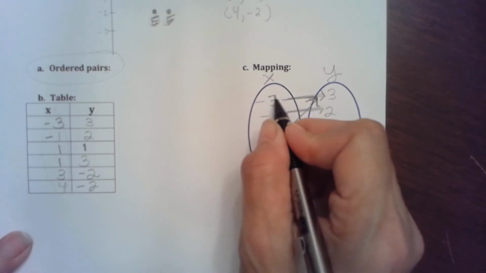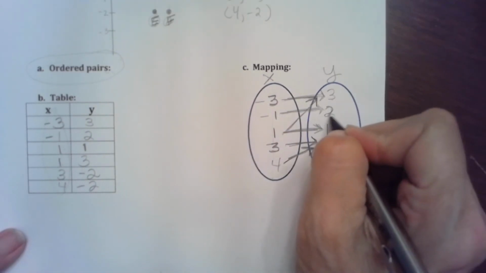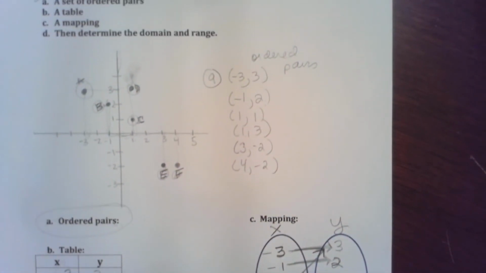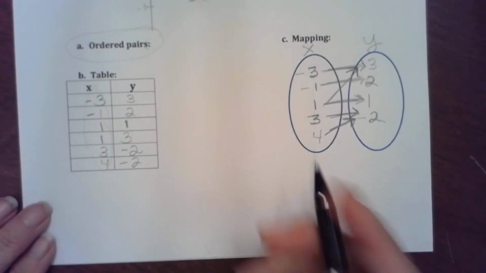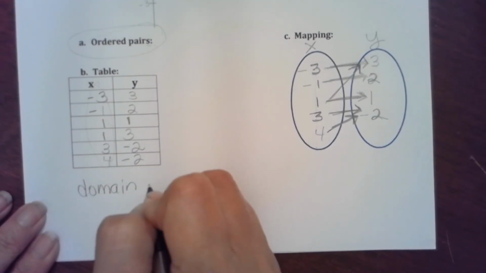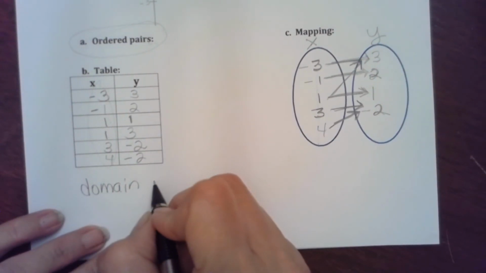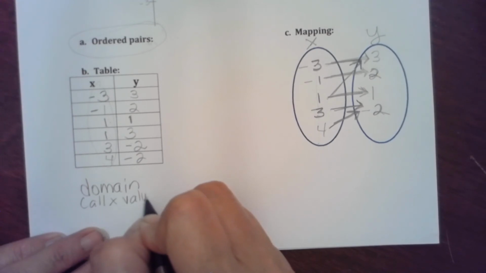It shows us what all the relations are between all the numbers. Okay, now it asks us to do one more thing. Determine the domain and range. Okay, so remember we said briefly on that other page, the domain is the set of all x values.